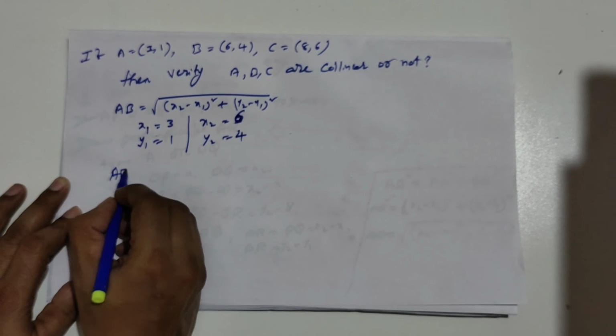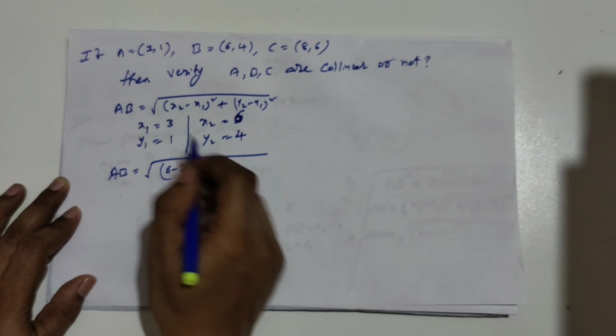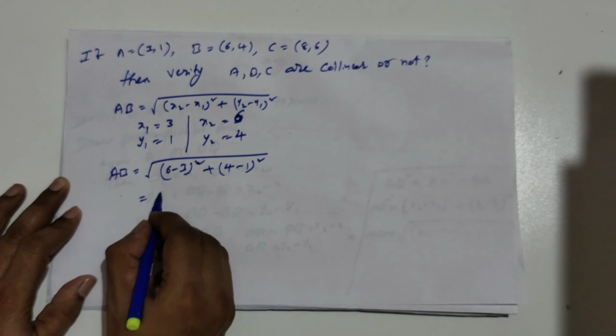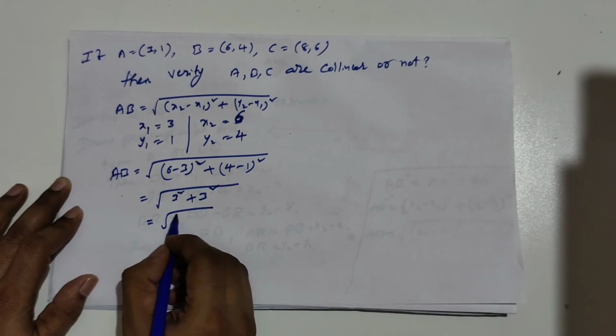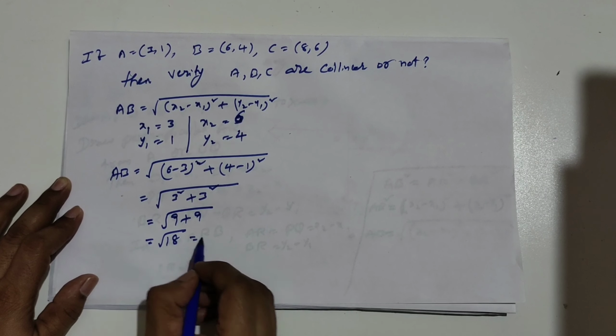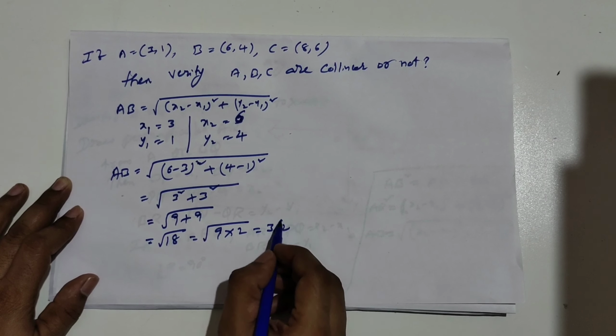By substitution we get AB equal to under root of 6 minus 3 whole square plus 4 minus 1 whole square. That is 3 square plus 3 square, simply 9 plus 9, that is root 18. Root 18 is nothing but square root of 9 into 2, that is 3 root 2.